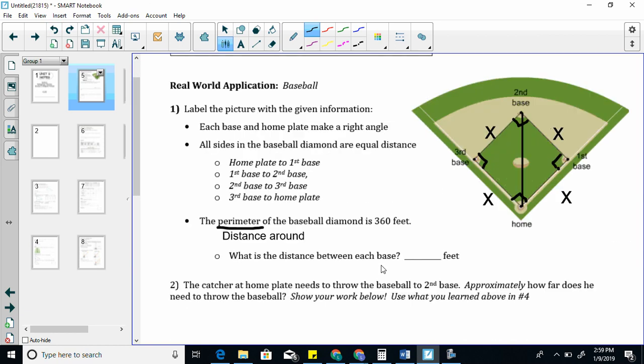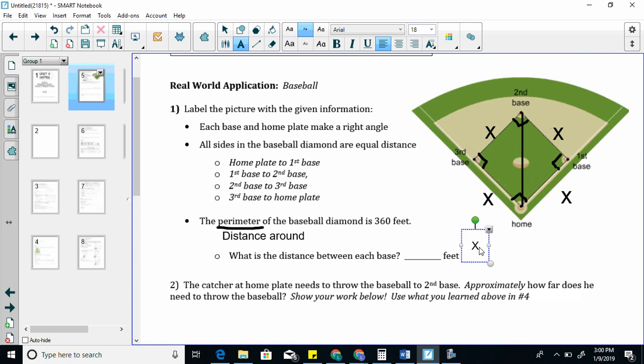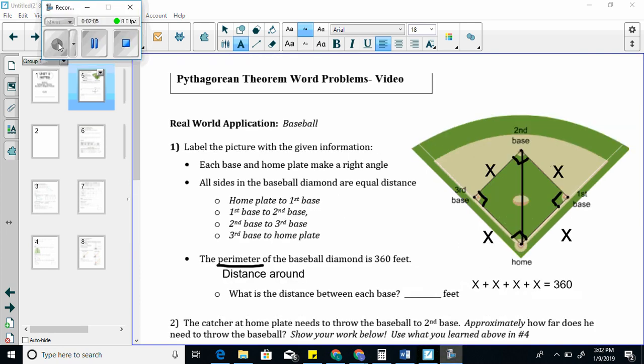Okay, so they want to know what is the distance between each base. They just want to know what is the length of this, this, this, and this. Now we already know that they're all going to be the same, so we're going to set up an equation here. x plus x plus x plus another x equals 360.